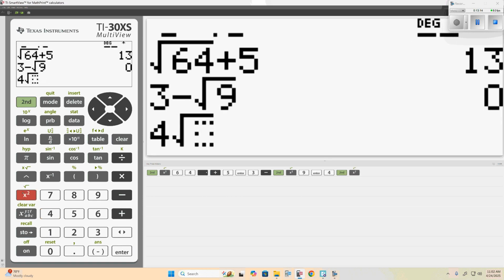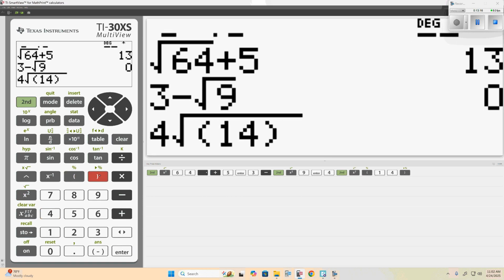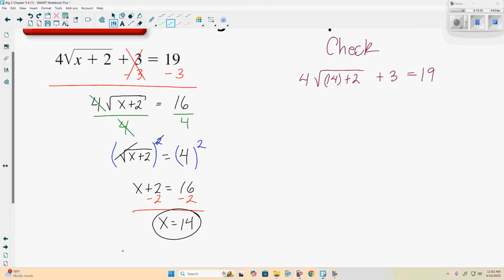So 4 square root 14 plus 2 plus 3 is indeed 19. So 14 is the correct answer. Questions on this here?